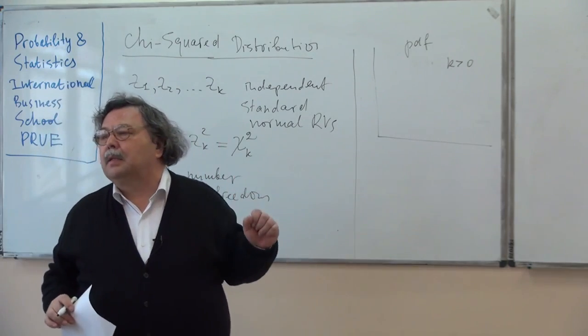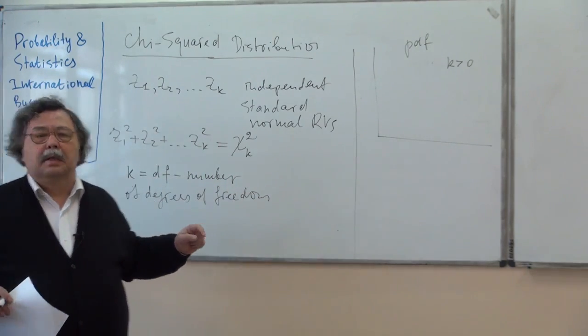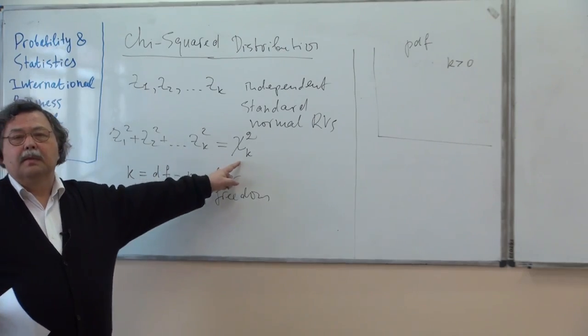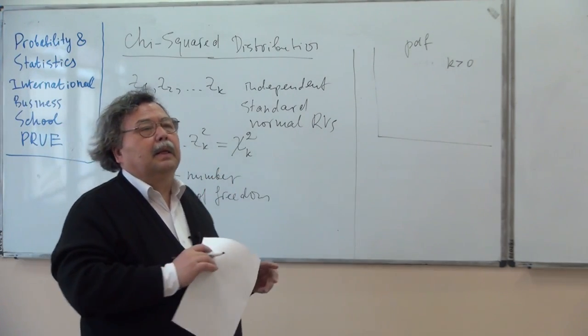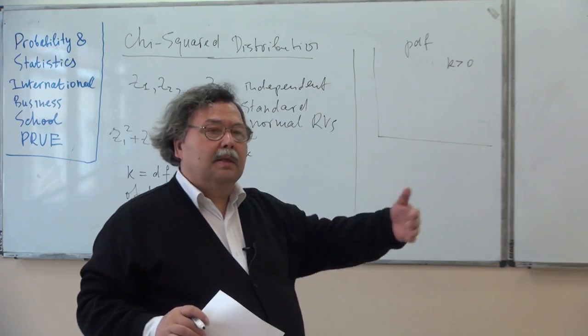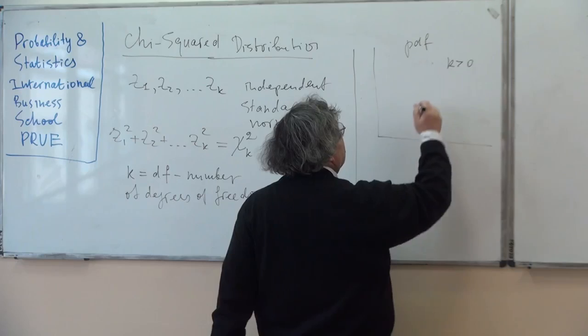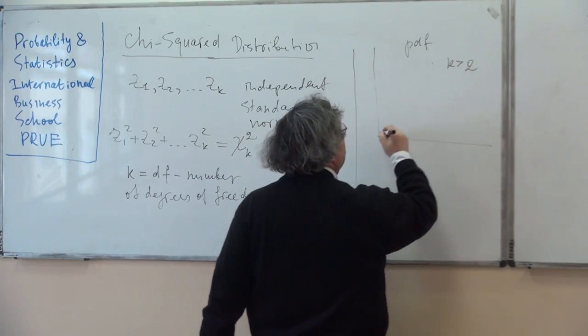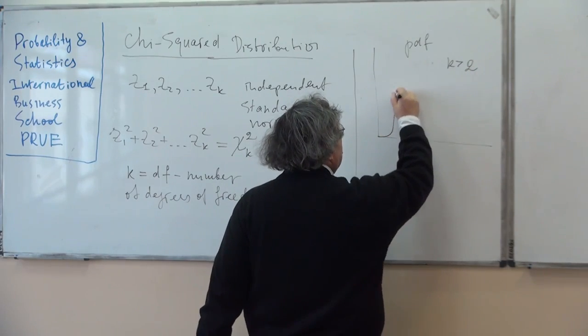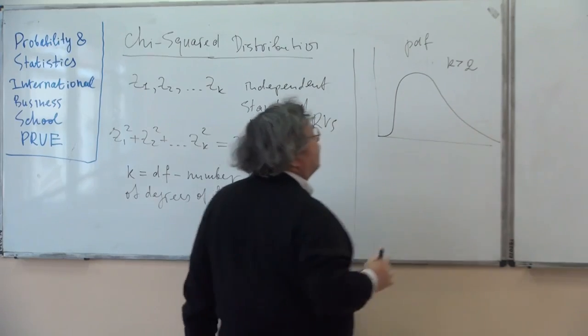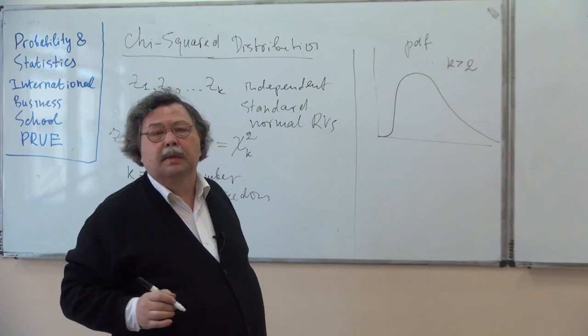It's a one parameter family of distributions. For every positive integer value of k, there is a separate chi-square distribution. For k that is greater than 2, it looks like this. This is the typical curve.